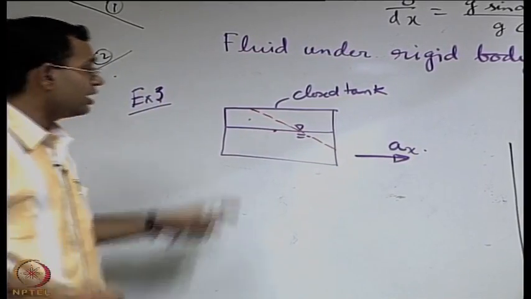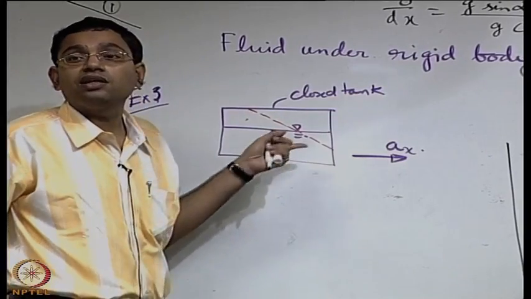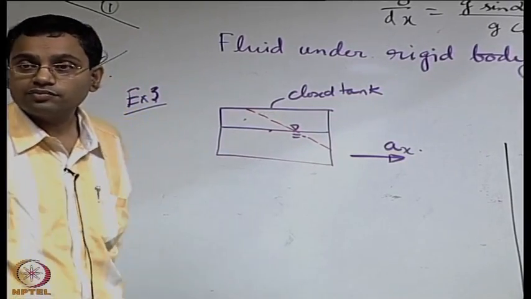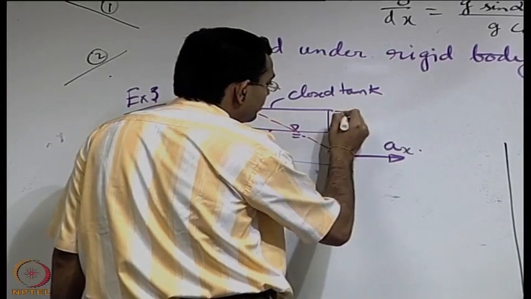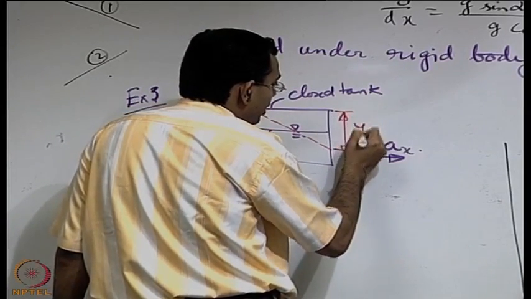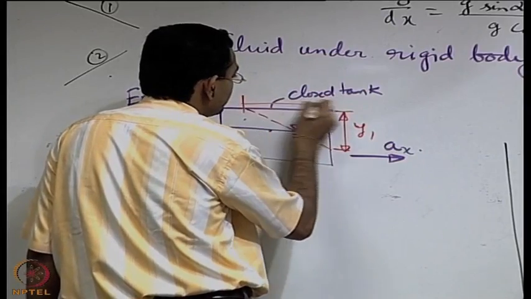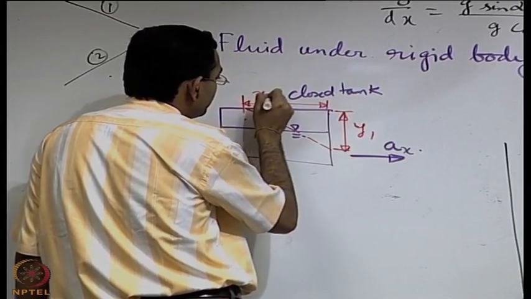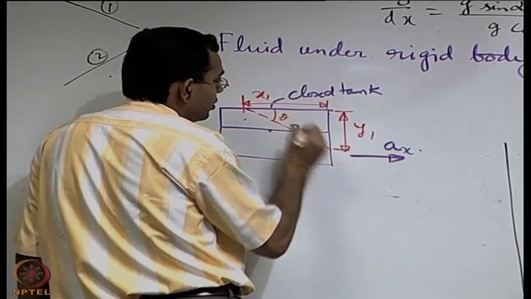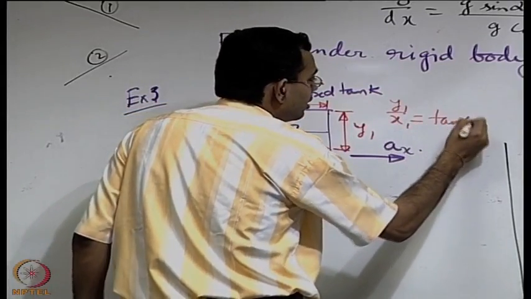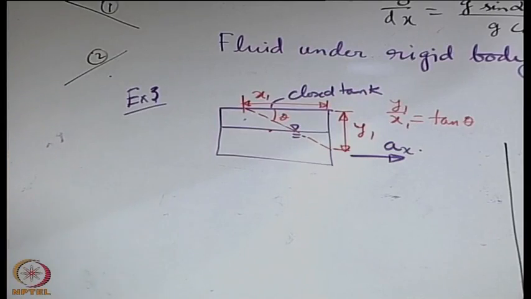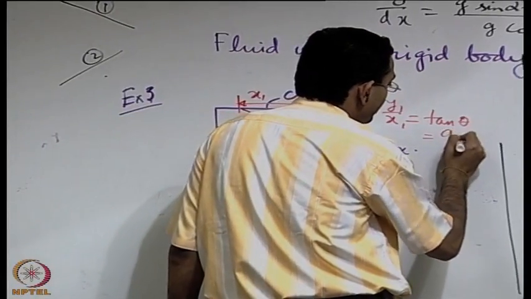In such a way that the volume of the liquid is conserved, because it cannot go out of the tank. So if you say that this dimension is y1 and this is x1, then you have y1 by x1 as tan theta, and that is equal to ax by g.